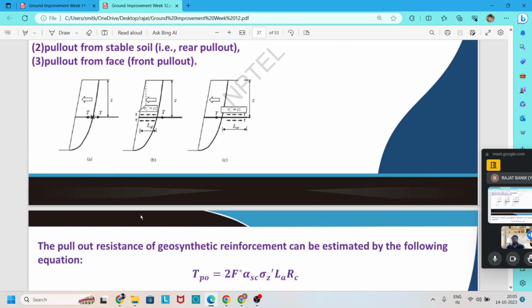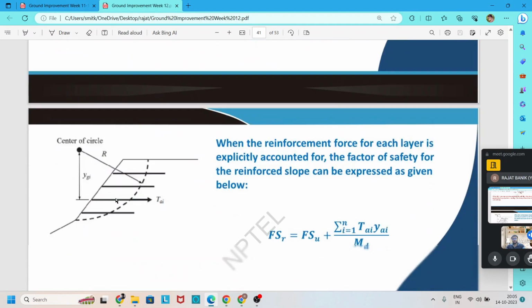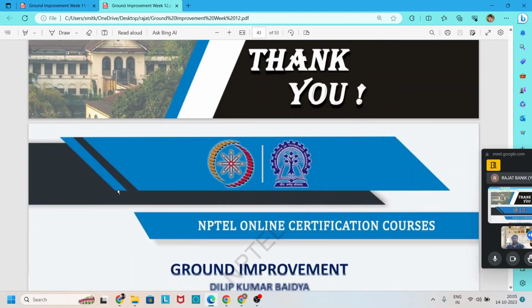We also discuss finding out the total pull out resistance, that is 2 into F star alpha SC sigma dash Z LS. So all the things I'm discussing here.